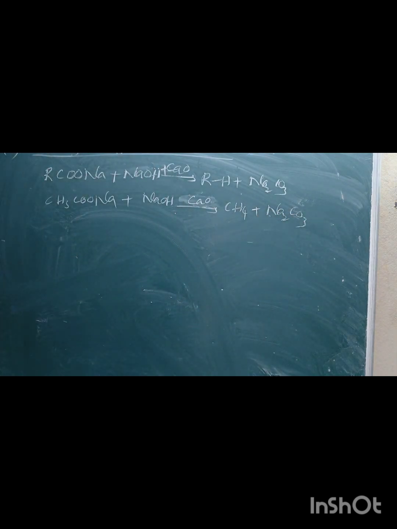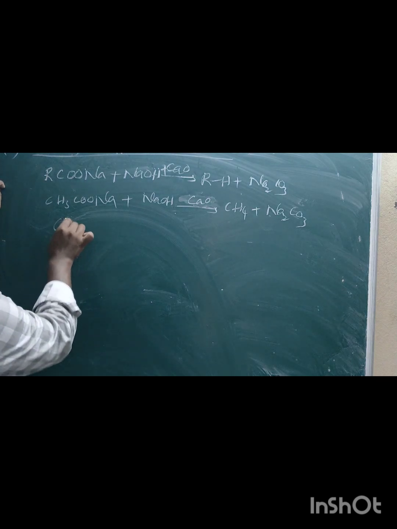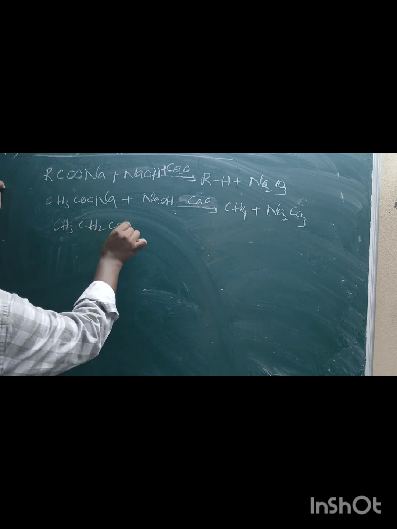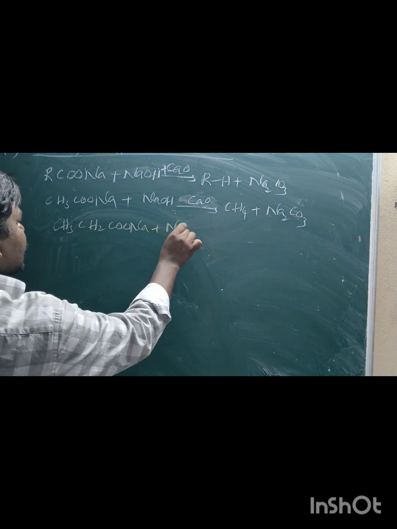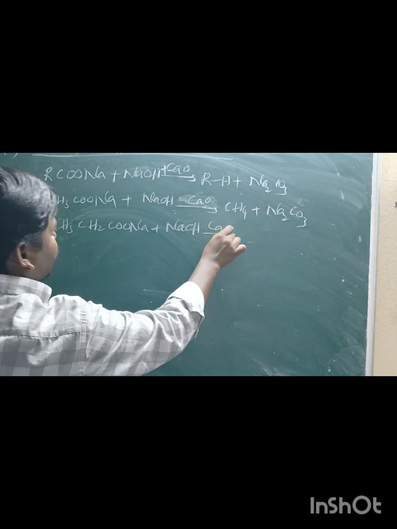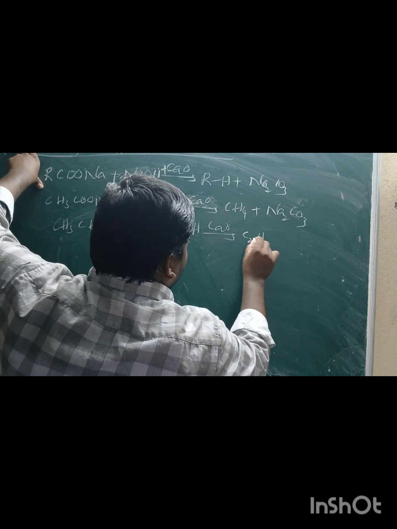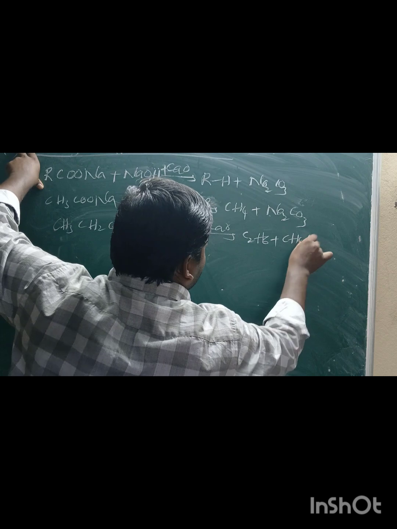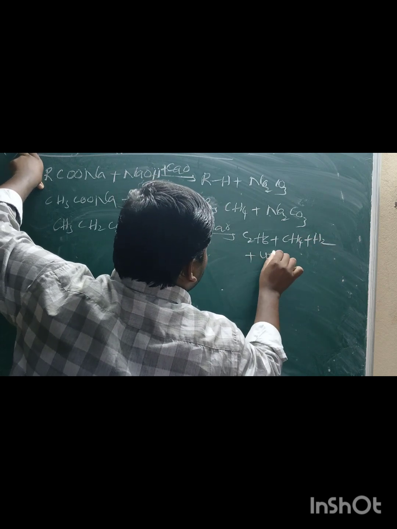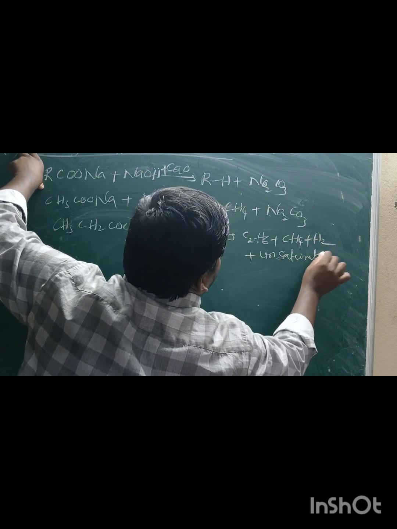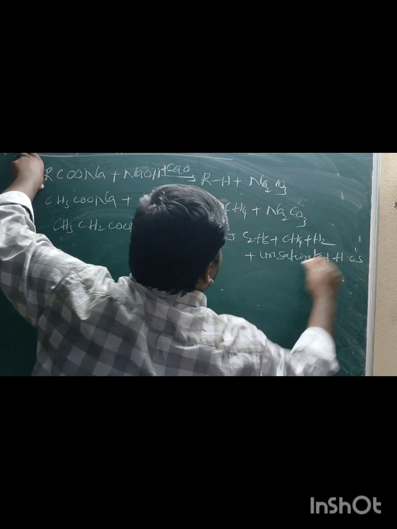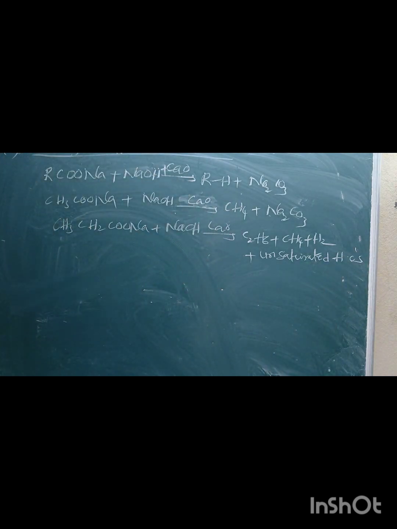Sodium propanoate, CH3CH2COONa, reacts with soda lime to form ethane, methane plus hydrogen plus unsaturated hydrocarbon also. Various products are obtained. This is not a useful general method for preparation.